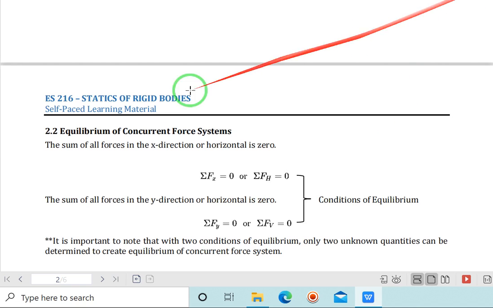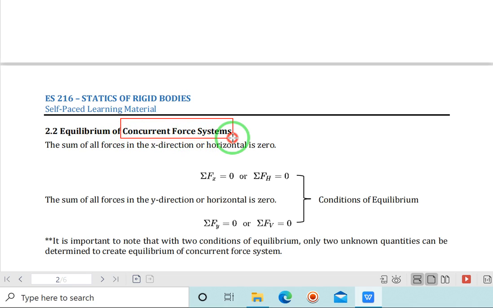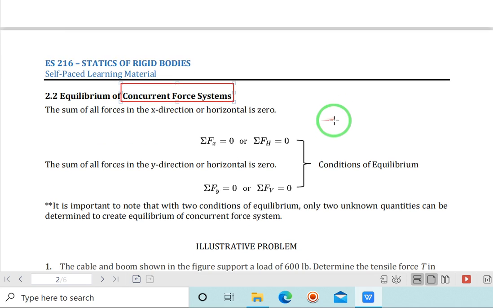When we say concurrent force systems, the forces have a common point of application. So the sum of all forces in the x direction, or horizontal, is 0, and the sum of all forces in the y direction, or vertical, is 0.